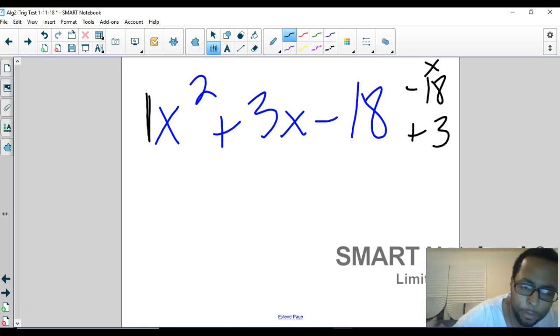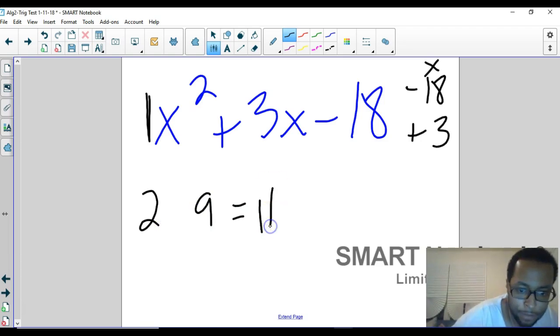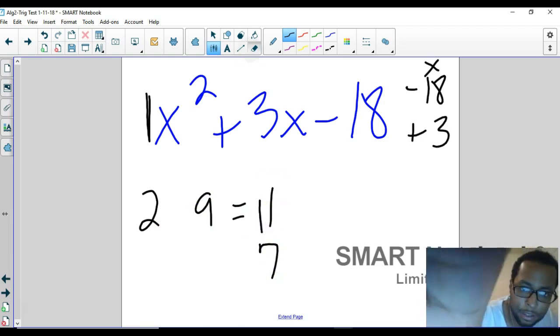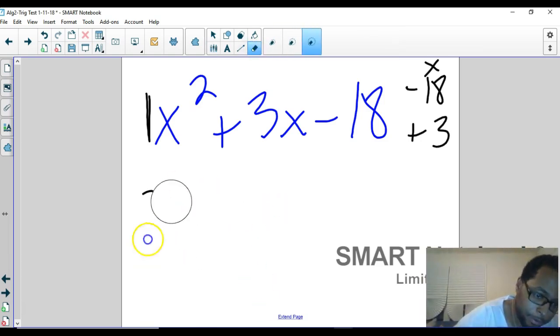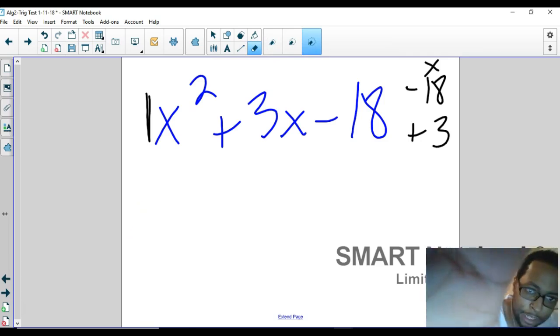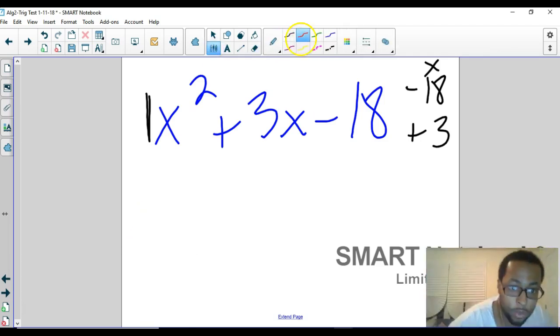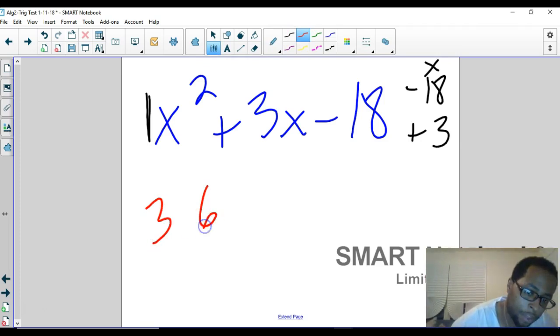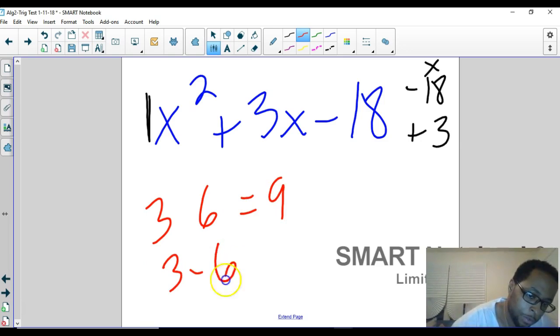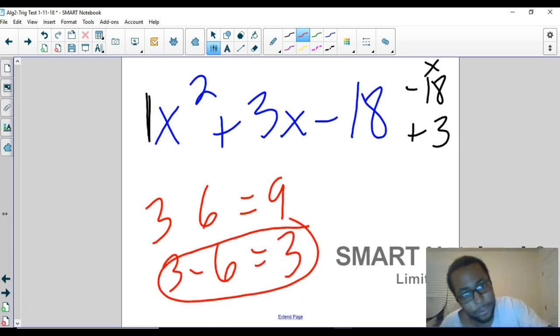And again, once you get comfortable with this, you'll start seeing these numbers don't work. 2 and 9, that's going to be 11. If I subtract it, it's going to be 7. Those are not going to be my numbers. 18, let me see. 3 and 6, let's try 3 and 6. If I add 3 and 6, it's going to be 9. If I subtract 3 and 6, it's going to be 3. Ding, ding, ding. So I have my numbers 3 and 6, okay?